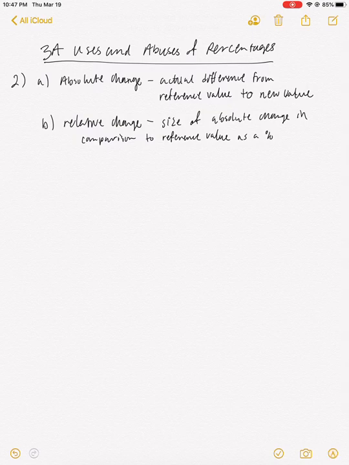So what is the reference value? The reference value is the starting number, and the new value is the new number. So we're looking at a change.